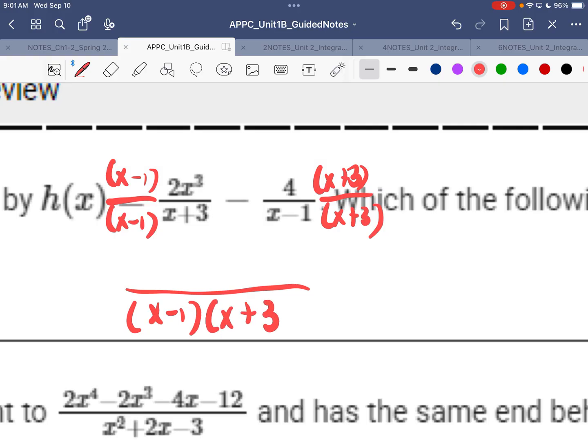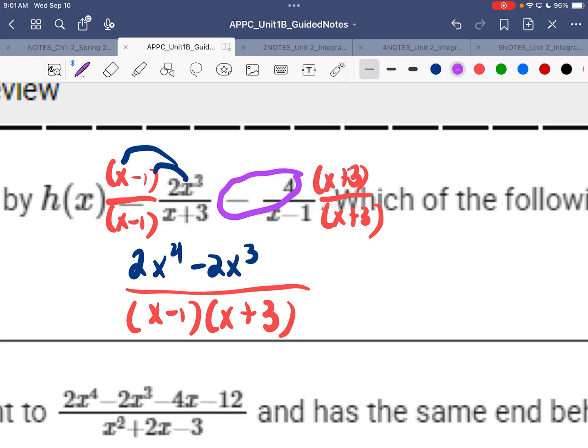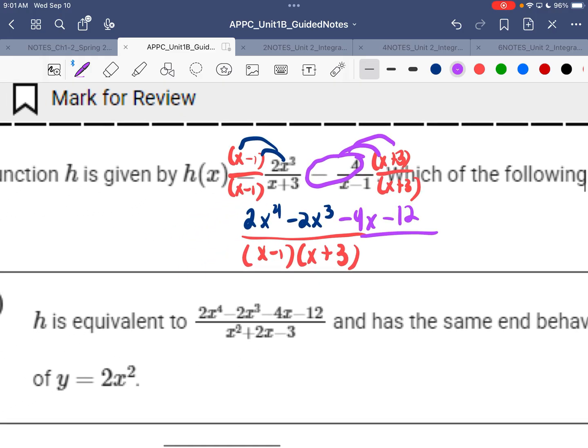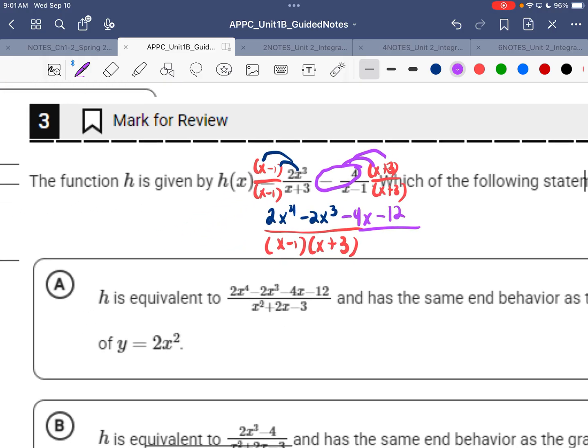times x plus 3 in the bottom, and then we're distributing in the numerator. So we get 2x to the 4th minus 2x cubed, and then this one is minus 4 distributes. And the only one that matches that is A. But then if you did distribute the bottom, you'd have x squared plus 2x minus 3.